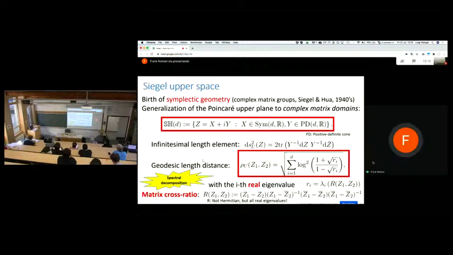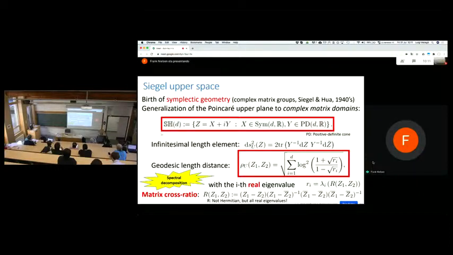The first model of Siegel geometry is what we call the Siegel upper space. And actually, the title of the paper by Siegel in the 1940s is about symplectic geometry. Today, symplectic geometry is more or less related to symplectic manifolds. But in that case, it was more related to complex matrix groups and the geometry of an extension and generalization of the Poincaré upper space.